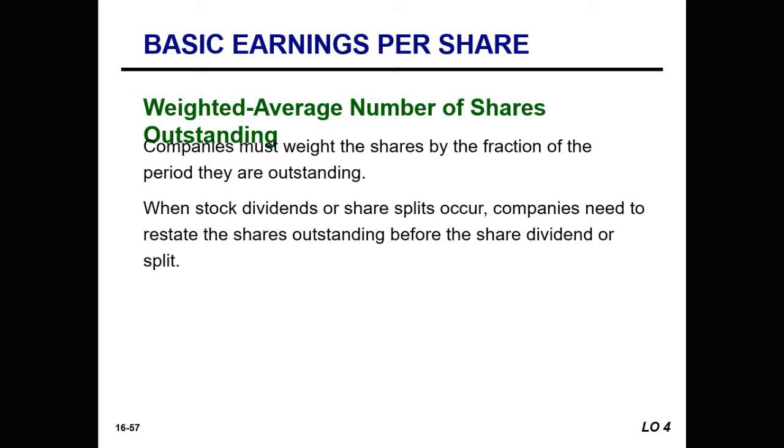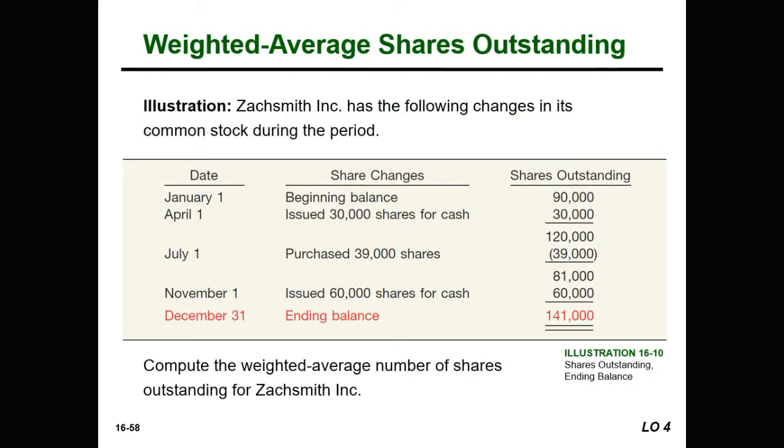So let's take a look at Zack Smith Incorporated, who has these following changes in its common stock during the period. On January 1st, they had a beginning balance of 90,000 shares outstanding. They issued an additional 30,000 in April for a total of 120,000 shares outstanding.